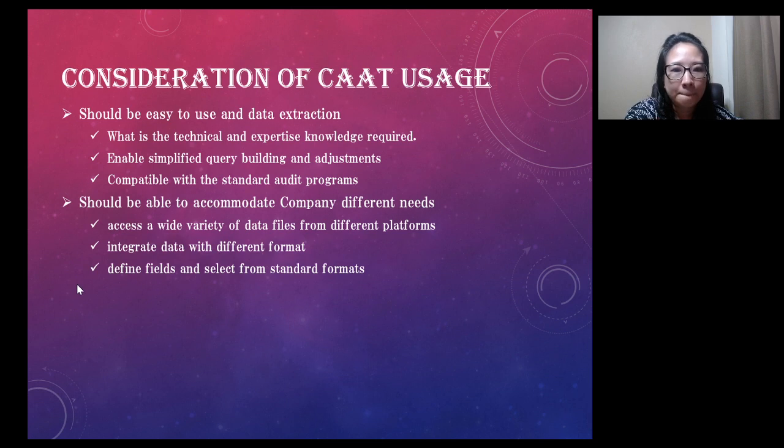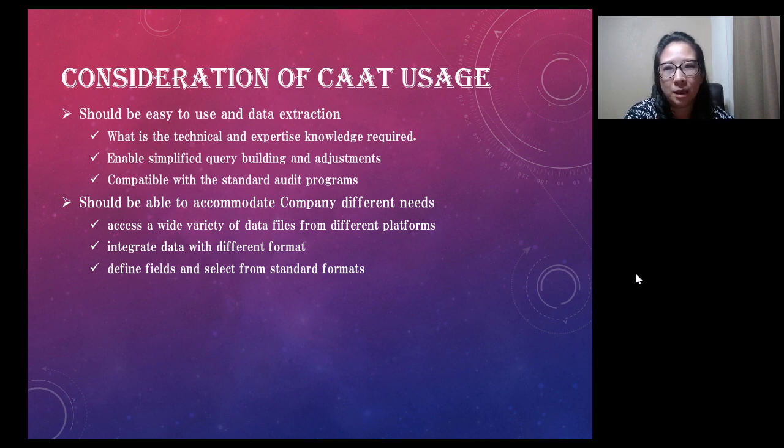And then, okay, so we're talking about the CAAT tools needing to accommodate the company's different needs. It relates to whether the company is integrated with external parties, which means the data can be extracted from many different platforms.